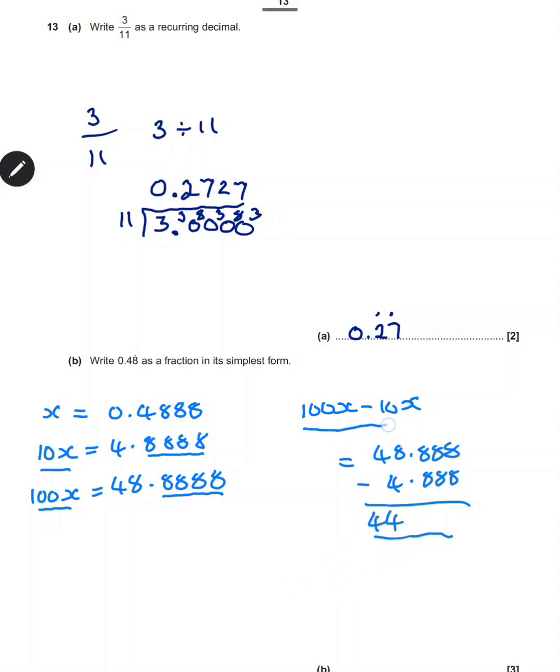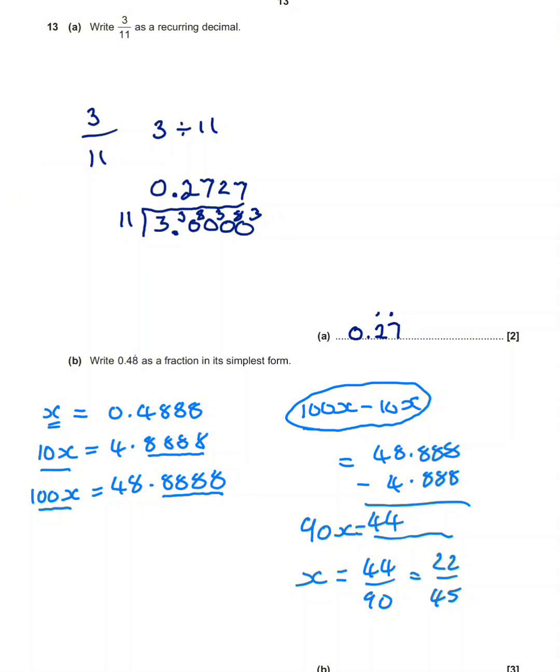I can actually work this out. 100x take 10x is 90x. And if 90x is 44, 1x, my original decimal, is 44 out of 90. It does say simplify the fraction, so let's half top and half bottom. And we've got 22 out of 45, and I don't think that's going to simplify any further.